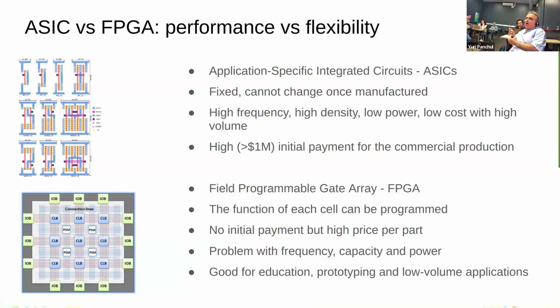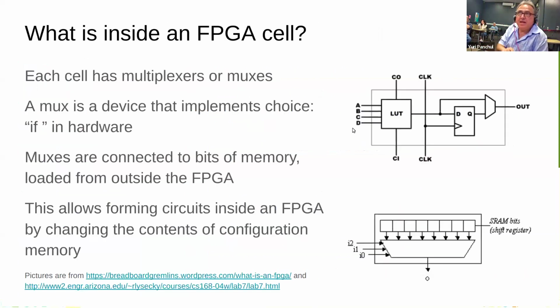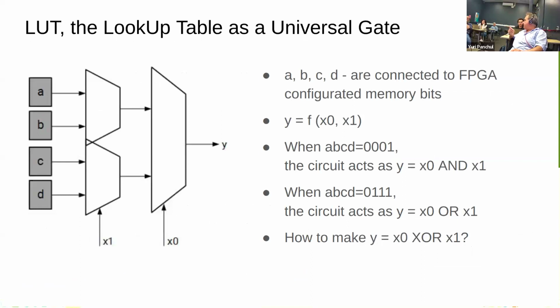Now how does it work? It works, but it has a high cost. It has an element inside called a LUT, or lookup table, which acts as a universal element. You can change its logic function by changing the configuration memory associated with this FPGA.